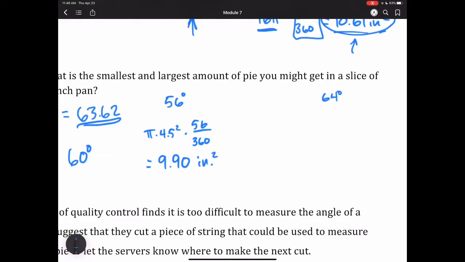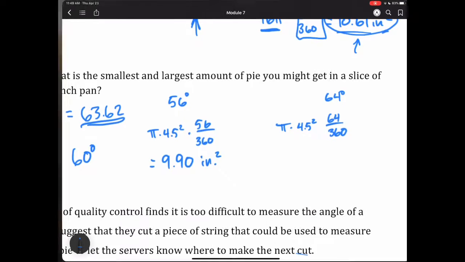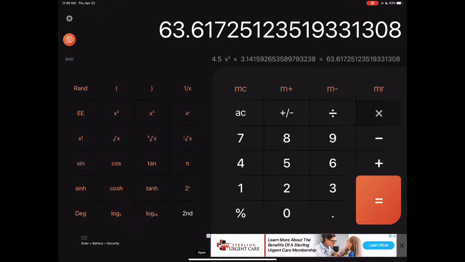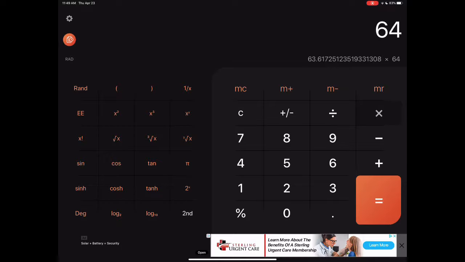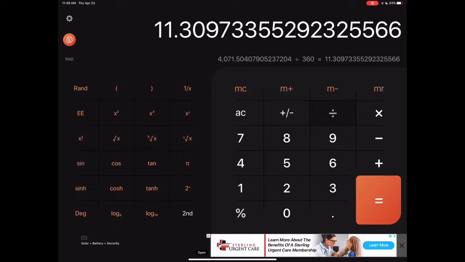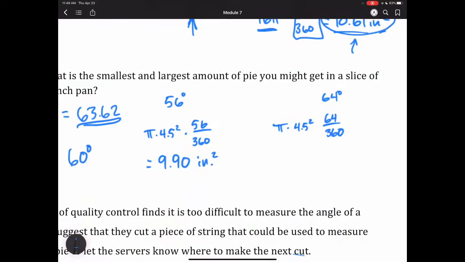Now how about let's do that with the 64 degrees instead. The improper cut on the upside. So it'll be pi times 4.5 inches squared times what fraction of the circle we're working with, which is 64 over 360. So let's go ahead and plug that in. 4.5 squared times pi, and then multiply it by 64, the fraction of what we're working with, and divide it by 360, and we get 11.31 inches squared.